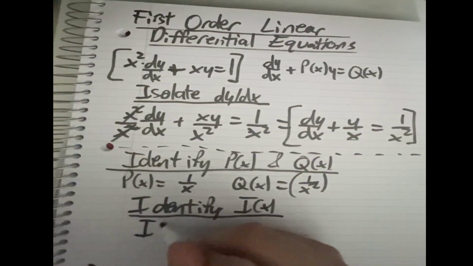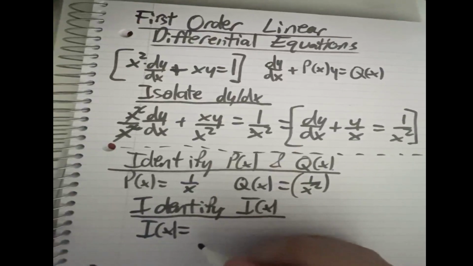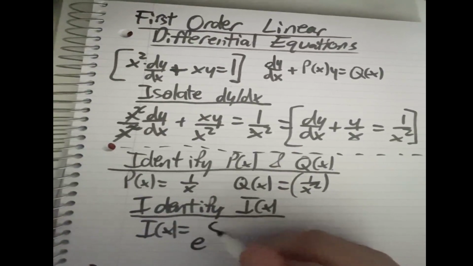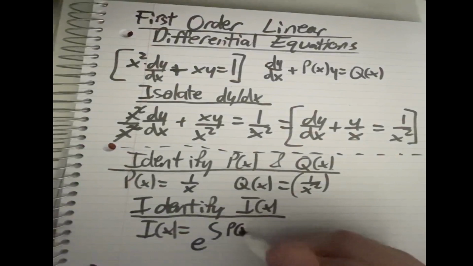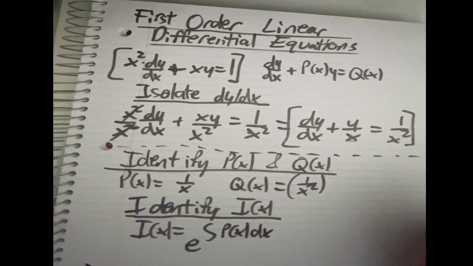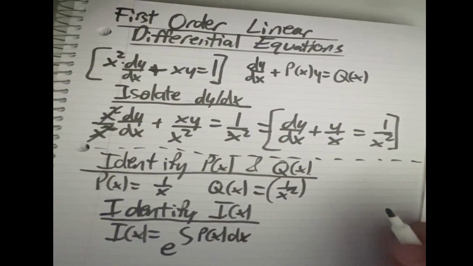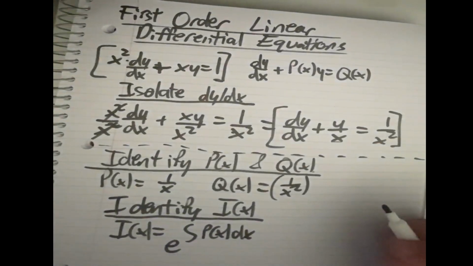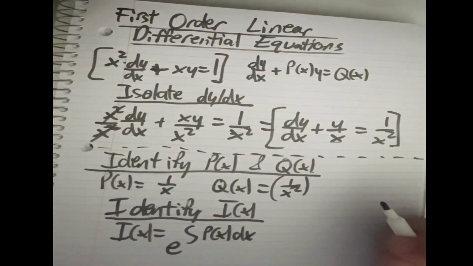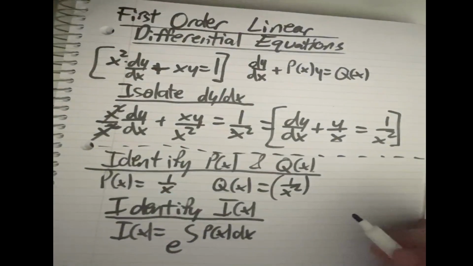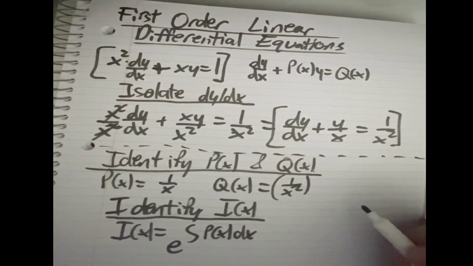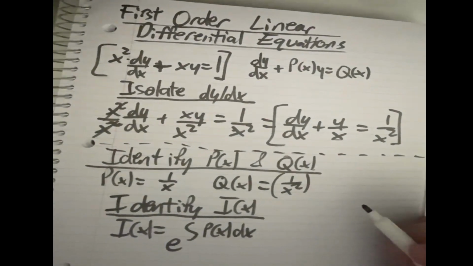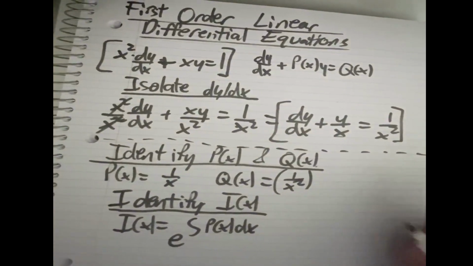So I of x is equal to the exponential raised to the integral of P of x dx. And this is where a lot of people do mess up, so it's absolutely critical that you identify your P of x properly, because sign convention, constants, and coefficients in front of the x do play a role in what your integrating factor turns out to be.